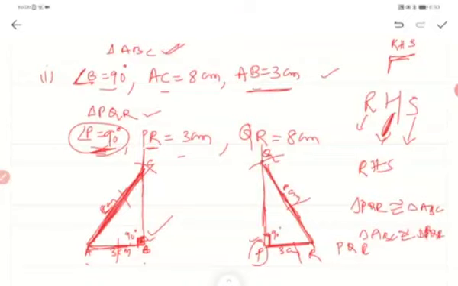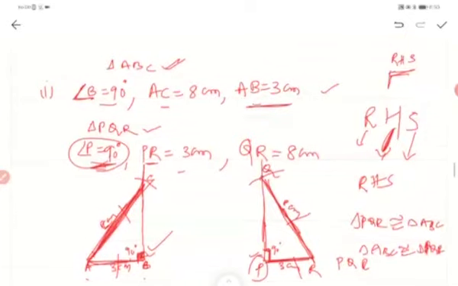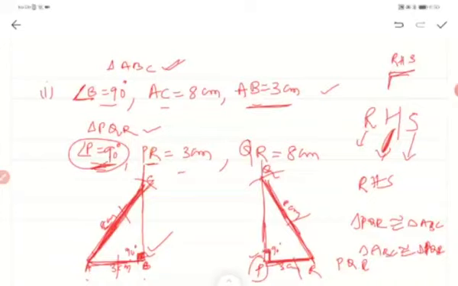Okay, so this is how you prove. See, the proof for this is that whenever you have hypotenuse and base of a right angle triangle same, then though here it is two sides and an angle, not the included angle, we call them as congruent.